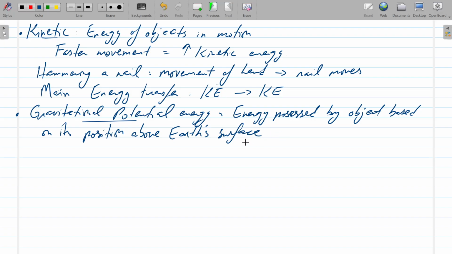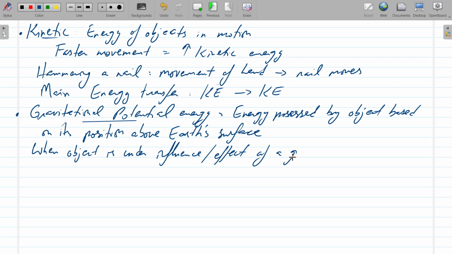and it is obviously right under the influence where this happens when an object is within the gravitational field of a body. So it's under the influence or effect of a gravitational field, in this case the Earth's.